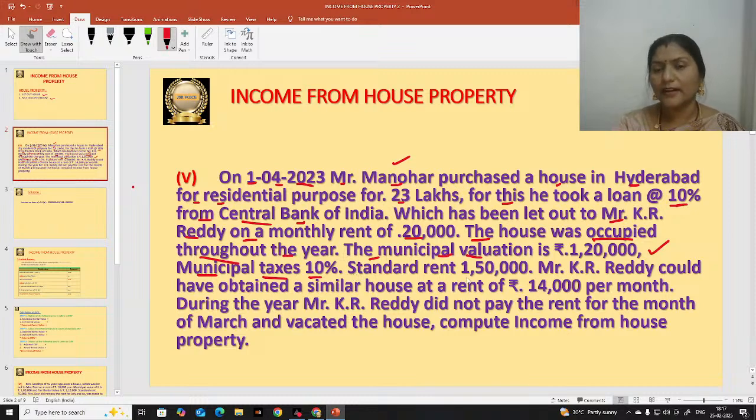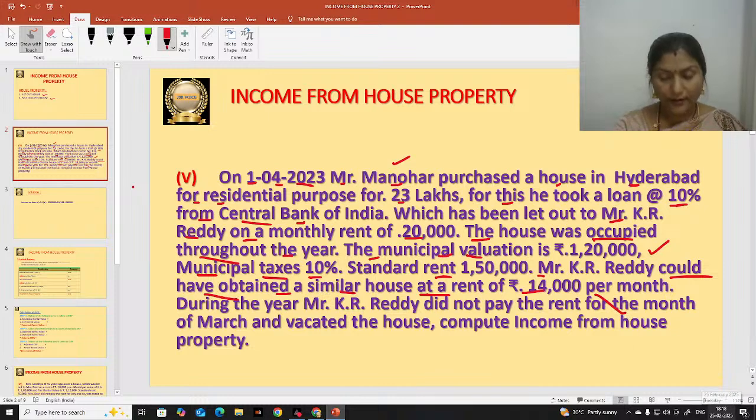Next, standard rent. Standard rent means standard rental value. Standard rent is 1,50,000. Standard rental value is also available. Till now what we got? We have the actual rental value, ARV, MRV, municipal rental value, and now SRV, standard rental value. These three are available till now. Next, Mr. K.R. Reddy could have obtained a similar house at a rent of 14,000 per month.